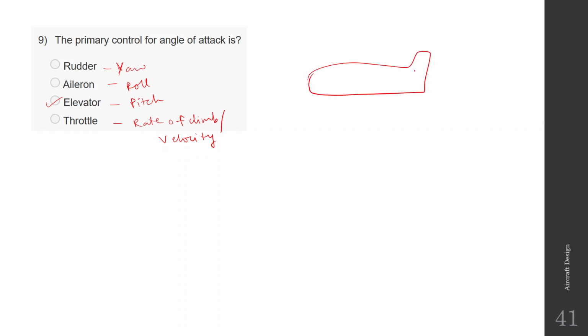So if we draw the aircraft, okay, so this is the rudder. Then you have wings. So this is your elevator, and this is your aileron.